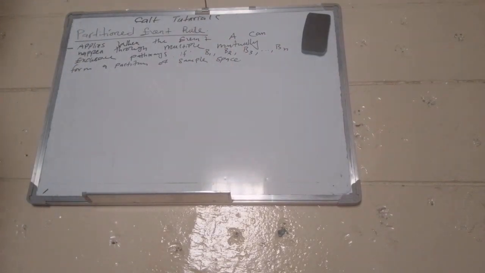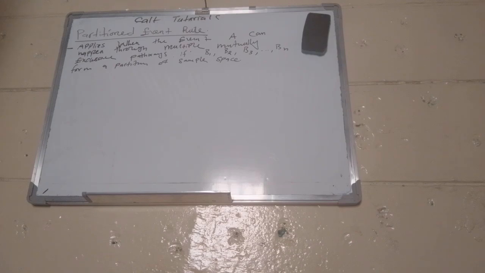So now I'm sure we understand sample spaces by this time. Sample space is the total outcome of the probability, the total possible outcomes in this case. So those total possible outcomes form what is known as a sample space.